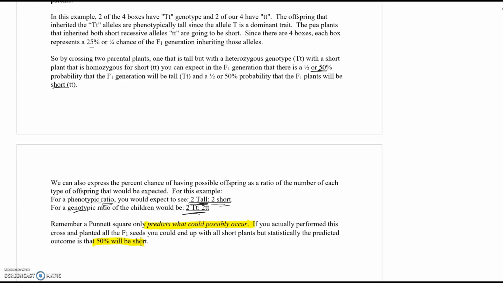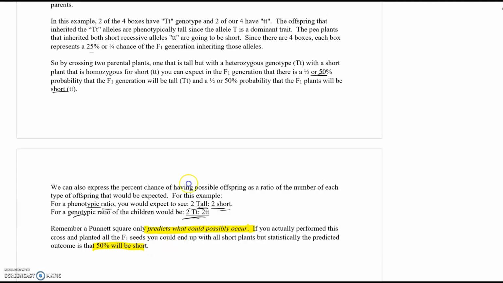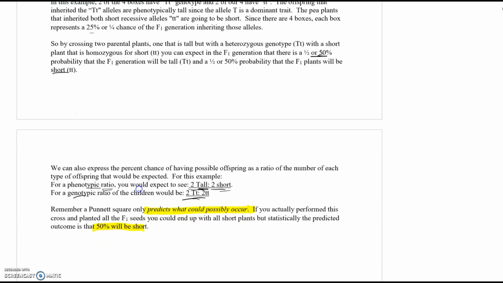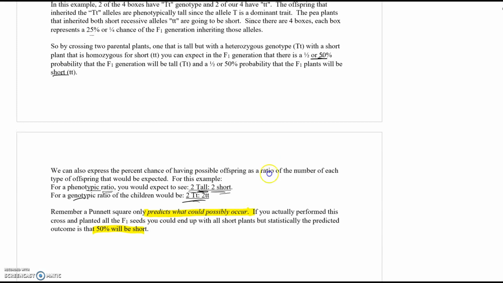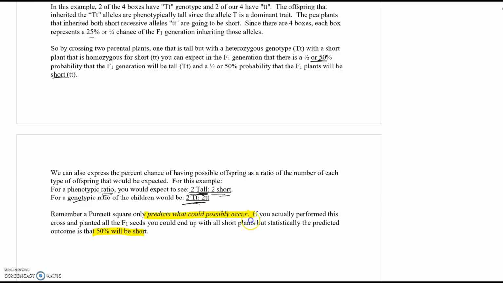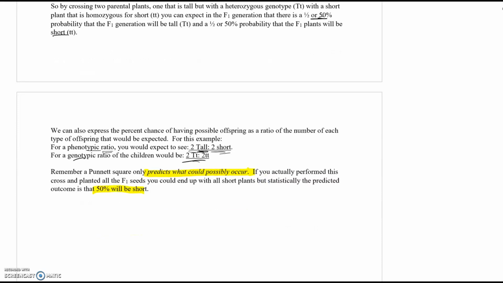There's a 25% chance of each of those boxes, or a 50% chance of there being short here, but we could ultimately end up with 5 pea plant babies and all of them being short or all of them being tall. But if we do more and more offspring, if we get up to say 100 offspring, it's probably going to be pretty close to 50-50.